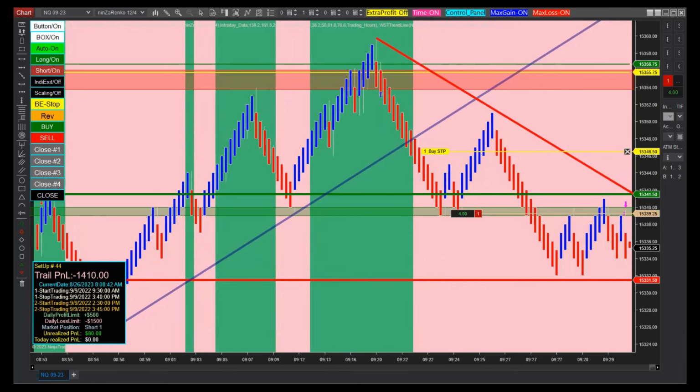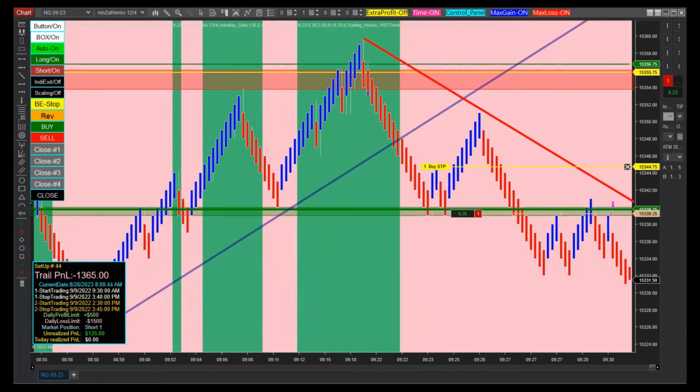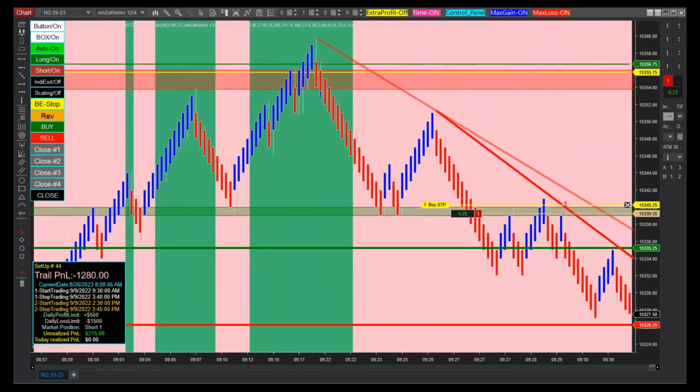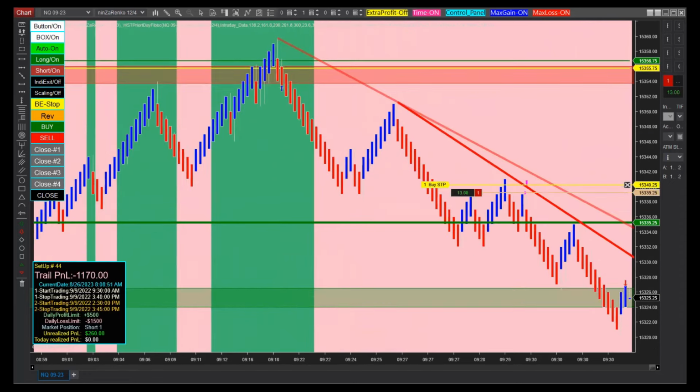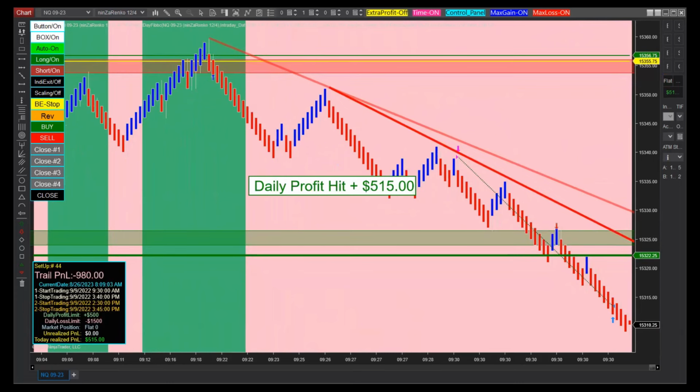It looks for a short, it finds a short. Again, the stop is fairly tight, but then it begins to move as soon as the trade is in the money. Just trailing it, but giving it enough room, and here it is again. Again, nice and fast. Finds the move, gets in it, trails the trade.